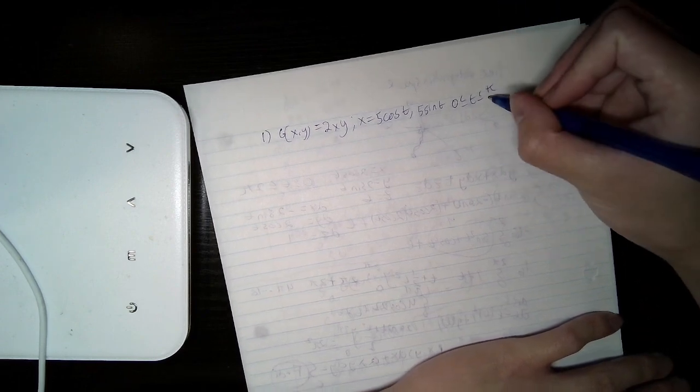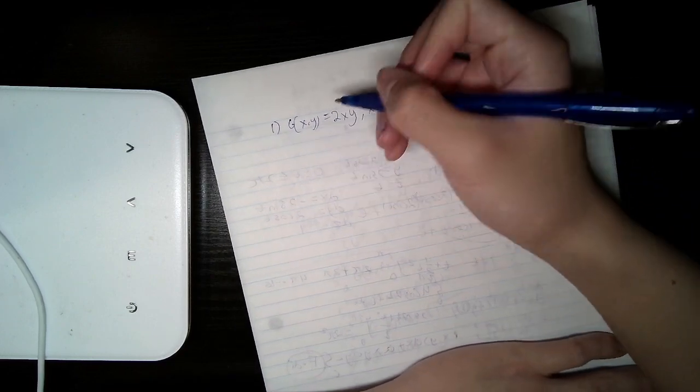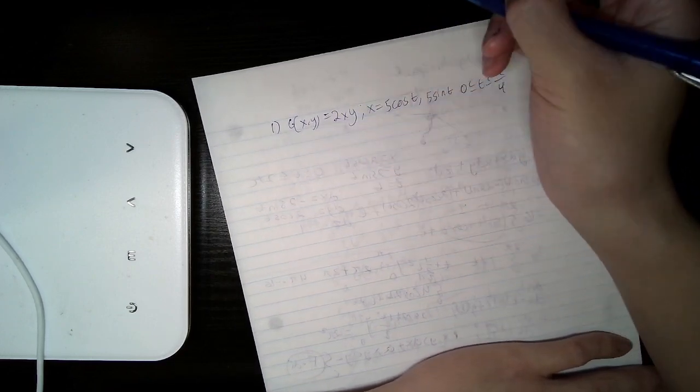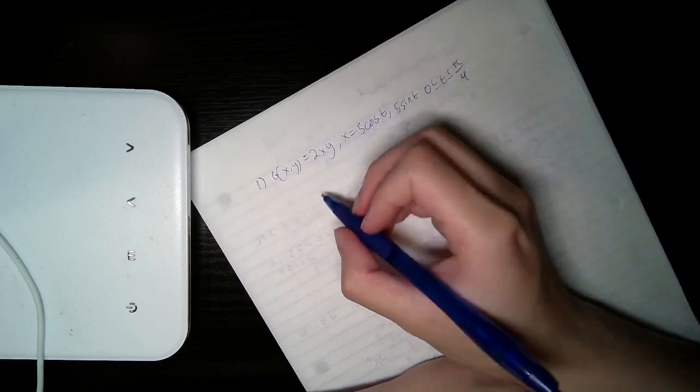Okay, sorry, pi over 4. Now what they want you to do is take this 2xy and replace it with whatever's inside.